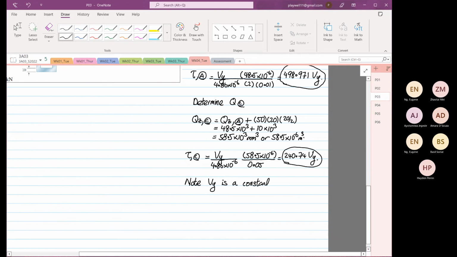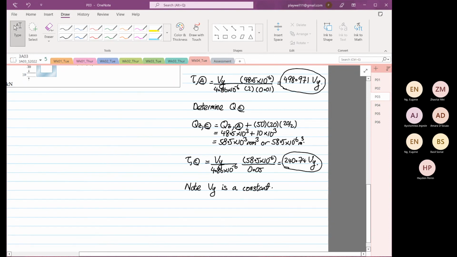Regardless of whether it is point A or point C, Vy is always going to be the same. So for this case, we realize that shear stress at point A is greater than shear stress at point C because Vy is constant.